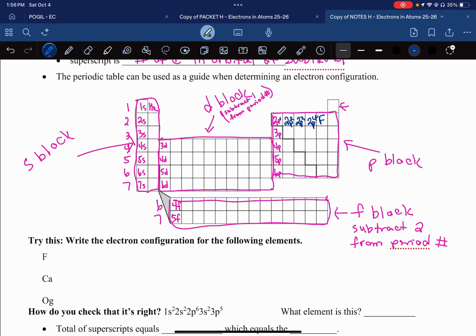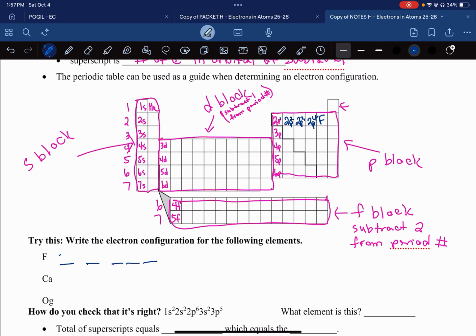But we're going to have to start at the lowest levels first. We fill up energy level 1 first, which just has one S sublevel. And then the second level has an S sublevel and a P. That should do it, because we already know we're going to end in 2p5 based on where fluorine is in the periodic table.